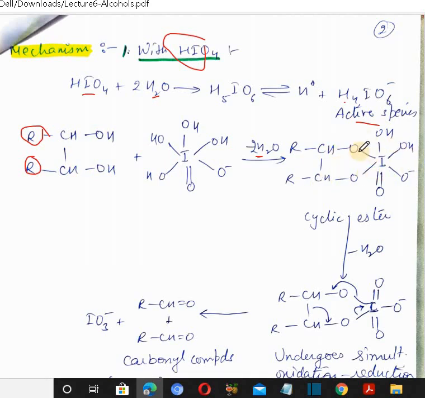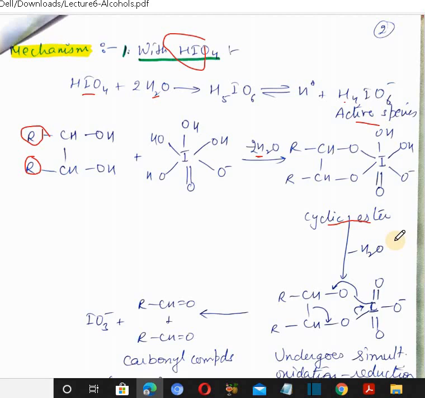Other groups are as such. 2 OH groups, O negative and double bond O are as such, and through 2 OH groups it combines with ethylene glycol, and the cyclic ester is formed as an intermediate.